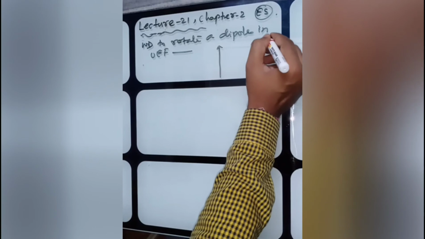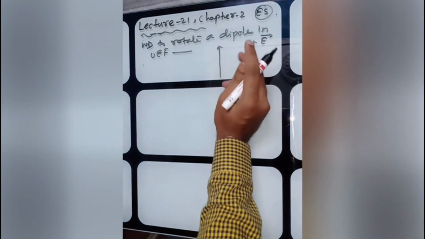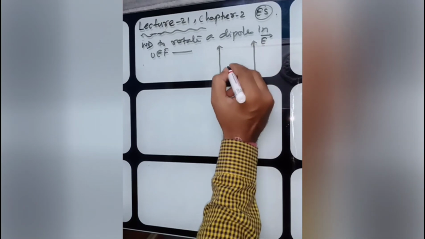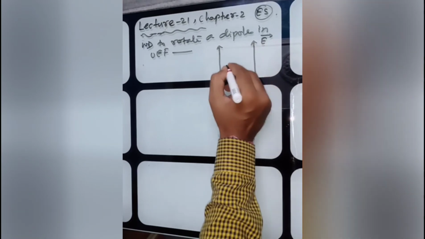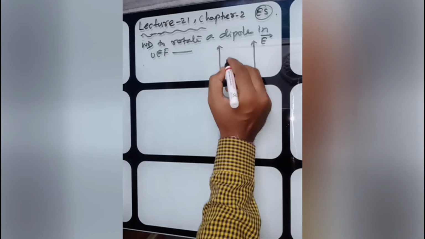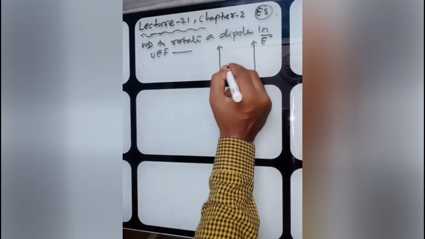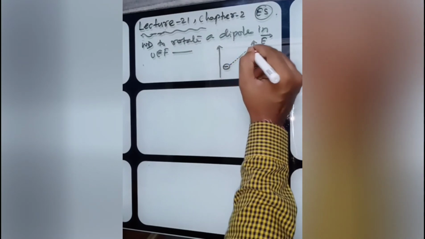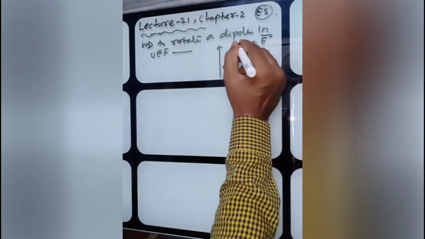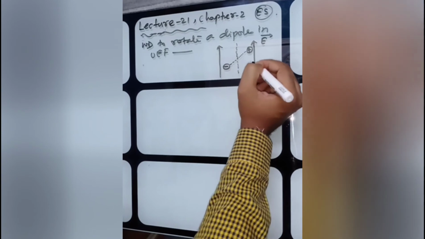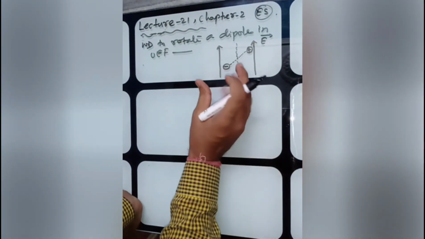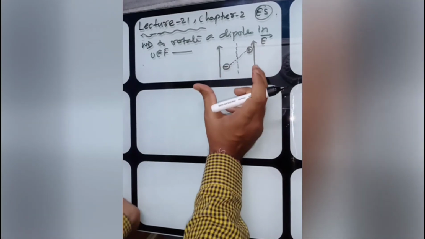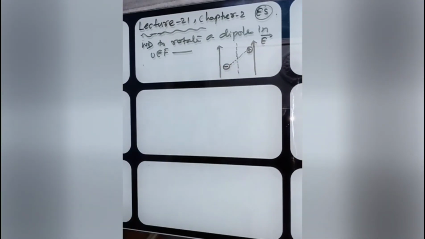This is the electric field and you have placed a dipole. Suppose this is the minus charge or the plus charge, and you have to rotate this dipole by a very small angle. Then how much work you have to do to rotate this dipole?